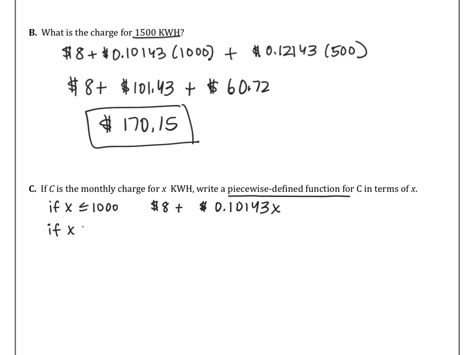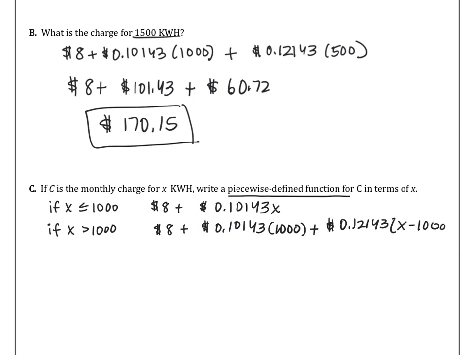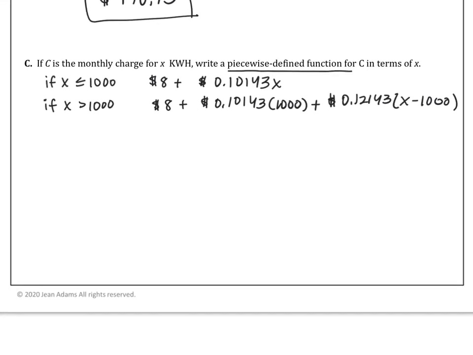So if x is greater than 1,000, then I'm still going to pay this $8 fee. I'm still going to have the initial charge for the first 1,000, but now for the ones after that, I'm having to pay more, that increased cost for x minus 1,000. So basically, we just need to clean that up to be able to write our piecewise function.